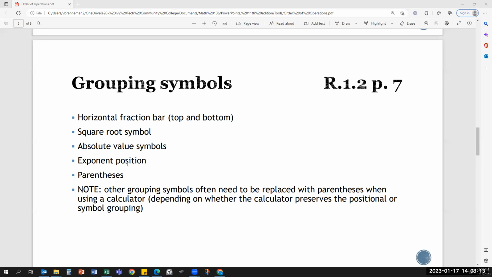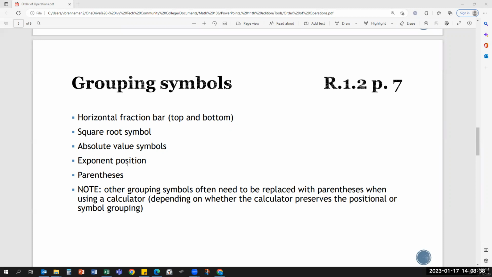Other grouping symbols: those operation-based grouping symbols may have to be replaced with parentheses to accomplish the grouping if that operation is written in a different way. So if instead of the horizontal fraction bar, you're writing the division all on one line, then you would need to group the top and the bottom with parentheses.